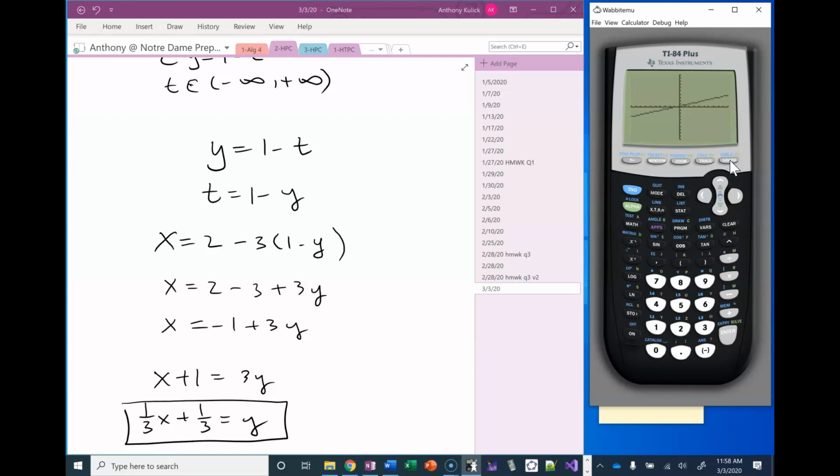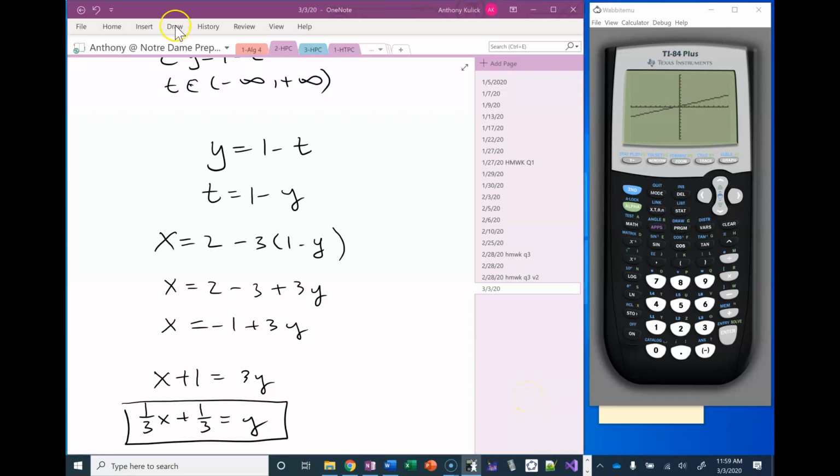Good enough. Anyways, there we go. Looks just like what we expected, right? A line that's not very steep. Its slope is 1/3. It passes through the y-axis at about 1/3, exactly as we'd expect. Okay? Everybody's okay with what we just did there?